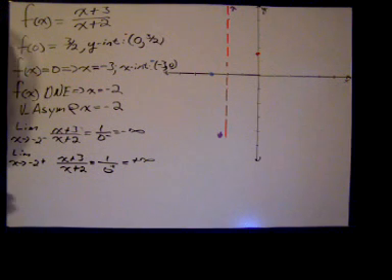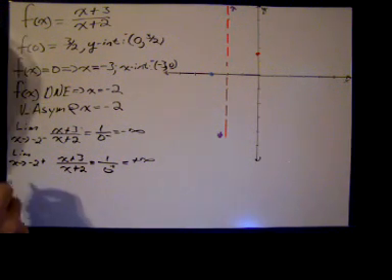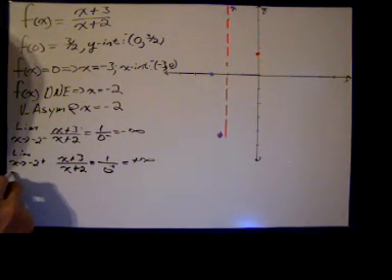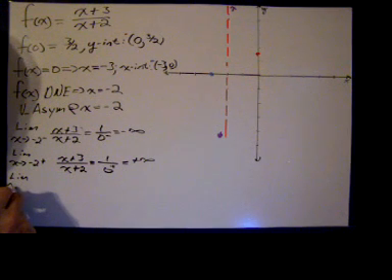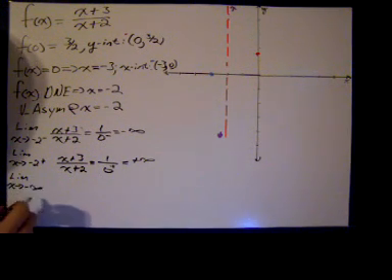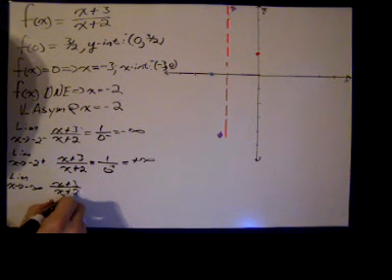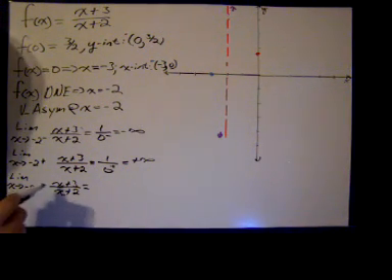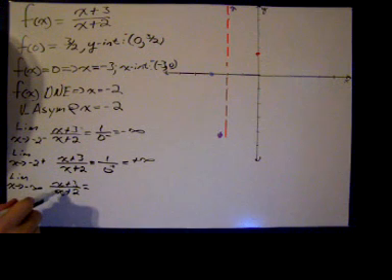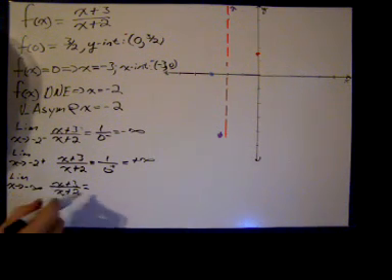So now we're going to look for horizontal asymptotes. It's about the last thing we're going to do. We're going to take the limit as x approaches negative infinity of x plus 3 over x plus 2. Since this is a rational function, a ratio of two polynomial functions, the degree of the numerator is the same as the degree of the denominator.